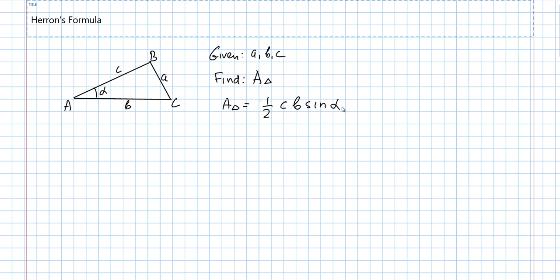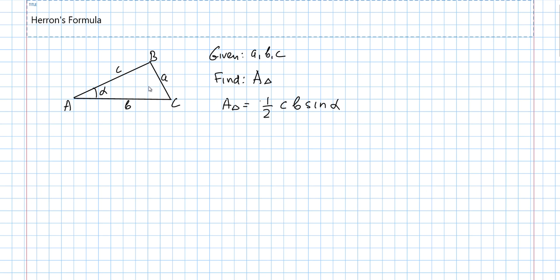In this case, sine alpha will always be positive. So this is how you would solve this problem if you know the law of cosines but not Heron's formula. Heron's formula is really solving for the area of this triangle using the law of cosines in general form, without numbers.